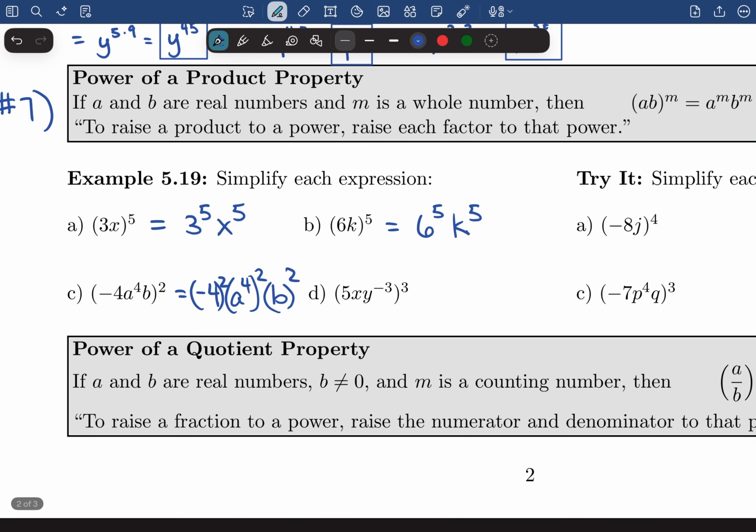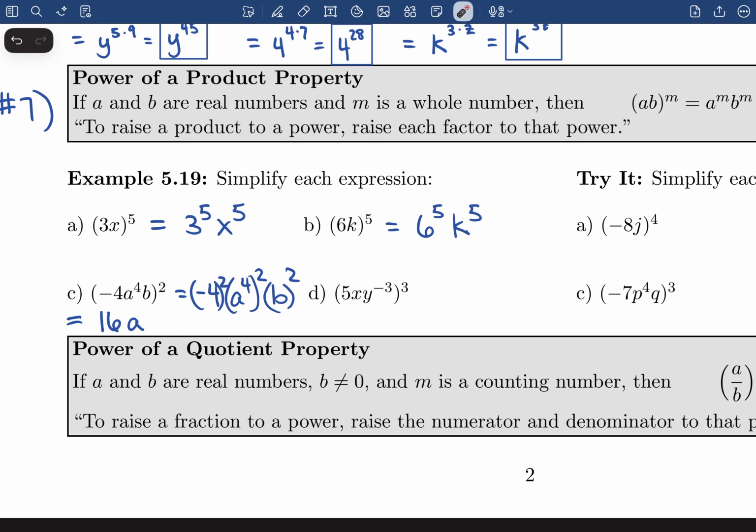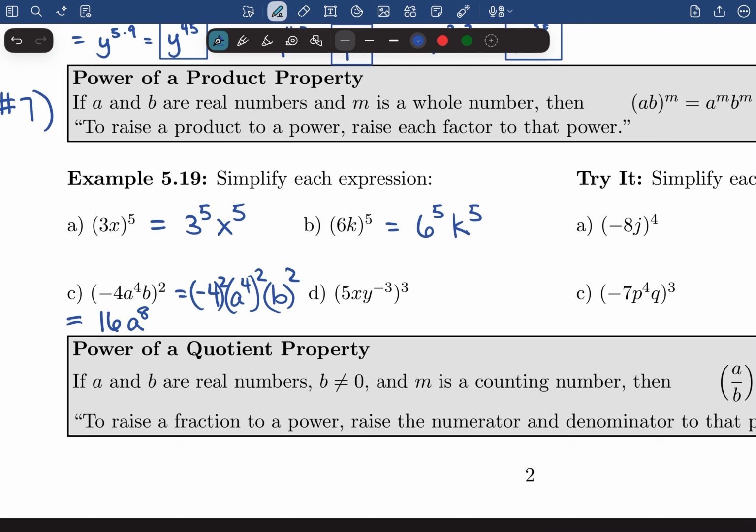We can clean that up a little bit. Negative 4 times itself is 16. And then a to the 4th squared, we can use the power property of multiplying these together, and I get a to the 8th. And then b squared is just b squared. So the result is 16 times a to the 8th times b squared.